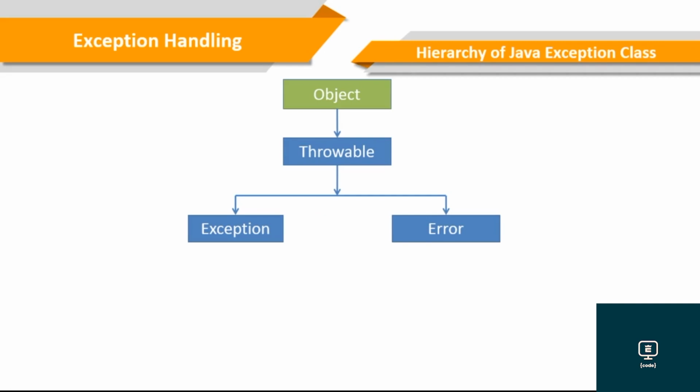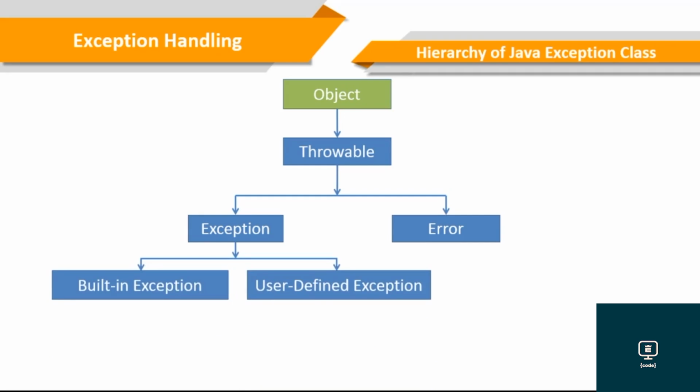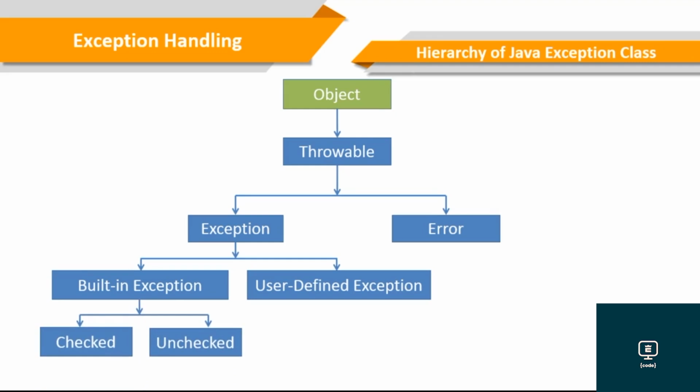Now, Throwable has two subclasses, Error and Exception. And exceptions have been further categorized in two ways: built-in exceptions and user-defined exceptions. Now, all checked and unchecked exceptions are built-in exceptions of Java. So let's learn these exceptions in detail.